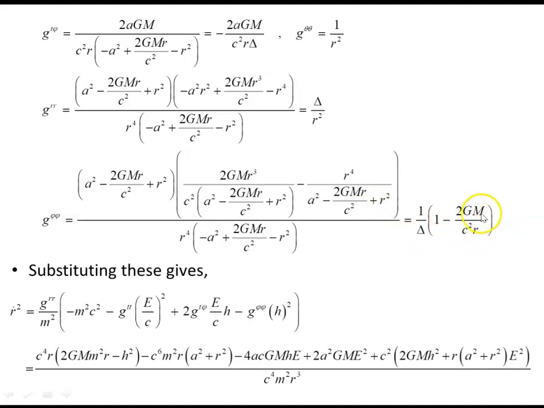I've done that because it helps make our life a little bit easier. We can substitute these in where the inverse metric terms appear. If we expand it out using a software package, this is what you'll get. It's quite large, but it's not altogether unwieldy.